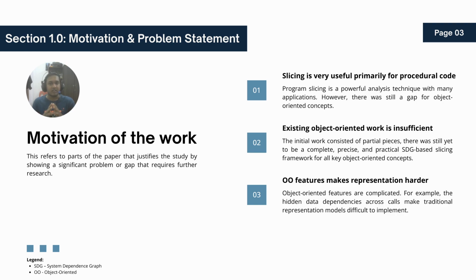Unlike global variables in procedural code, instance variables are not directly visible to callers, but they persist across method calls. This means that there are many hidden data dependencies across calls, dependencies that must still be captured for slicing to be correct. A representation must model these dependencies even though the variables are encapsulated and not directly accessible from outside.